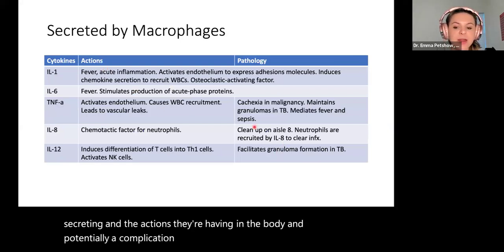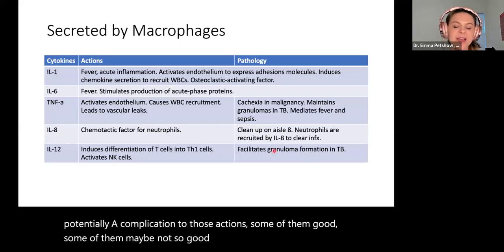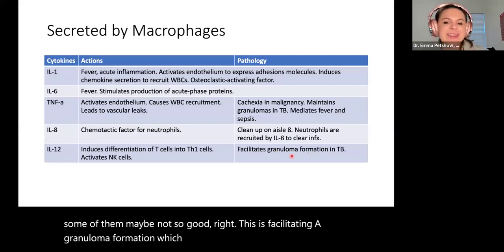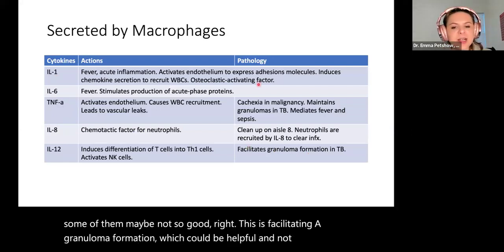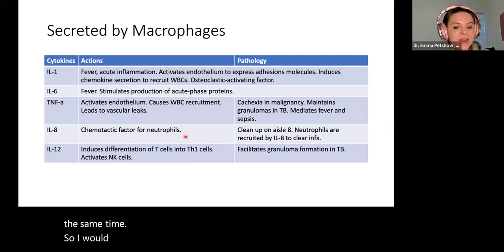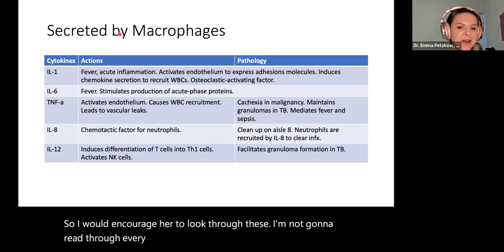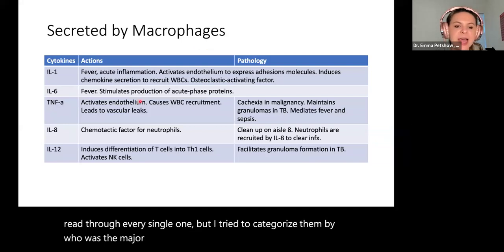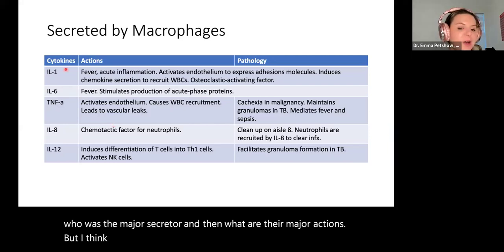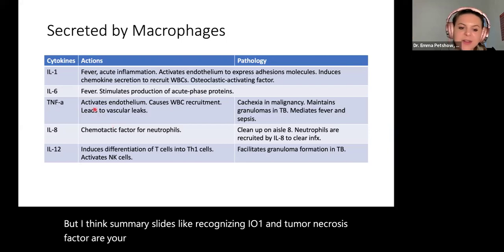Some of them good, some of them maybe not so good, right? This is facilitating a granuloma formation, which could be helpful and not helpful at the same time. So I would encourage you to start to look through these. I'm not going to read through every single one, but I tried to categorize them by who is the major secretor and then what are their major actions. But I think summary slides like recognizing IL-1 and tumor necrosis factor are your big inflammatory responders. That's huge. I think that's a big place to start.